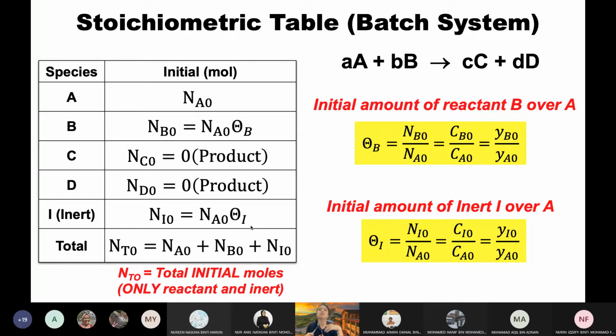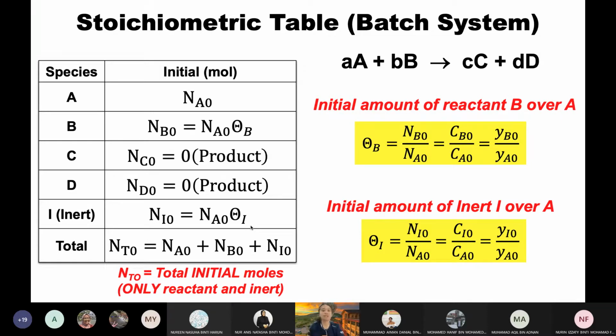Kalau theta B, initial amount of B over A. Theta I, initial amount of inert over A. So let's say your inert is nitrogen gas. So you calculate your initial amount of nitrogen gas over your initial amount of your reactant A. So initial amount ni pun depends either mole fraction, concentration, initial number of mole. It depends on the question. It depends on what information provided to you. Either way pun nilai theta I tu will be the same.